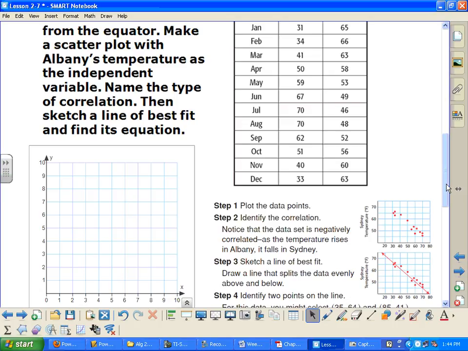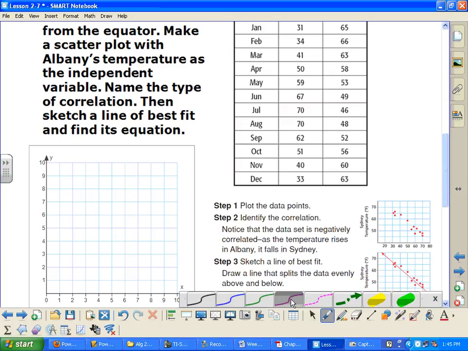All right, and then we're going to plot these 12 points. I went from 10 to 10, but you could just go up to 70 for both of them if you wanted, or 75 or 80 on the X and 70 on the Y. All right, so we plot those points.